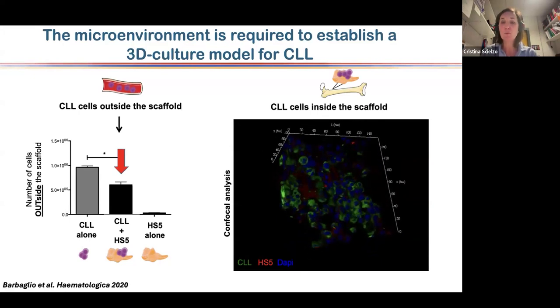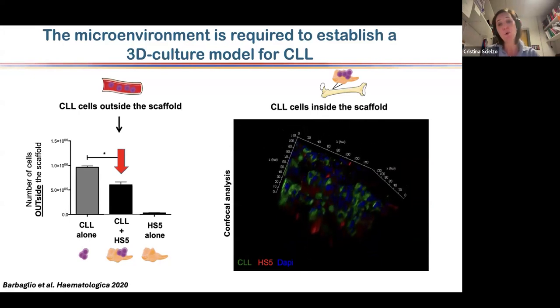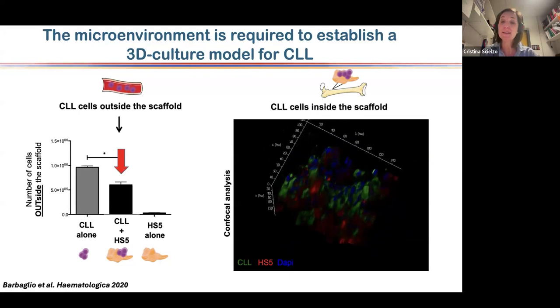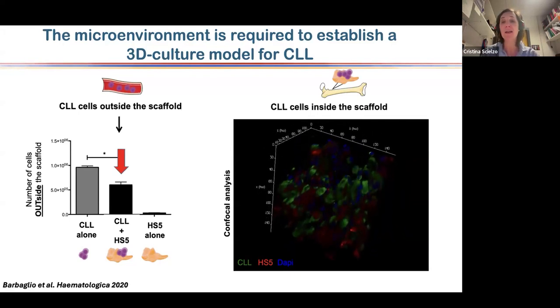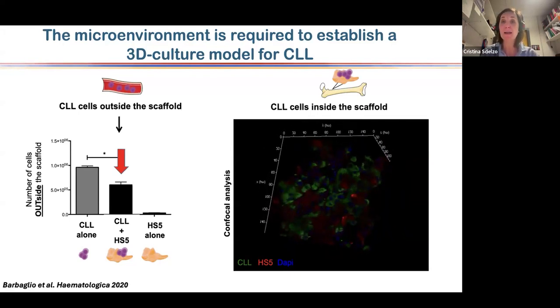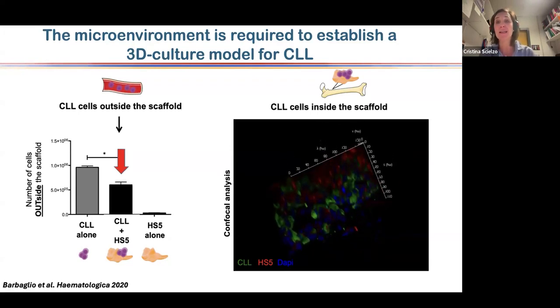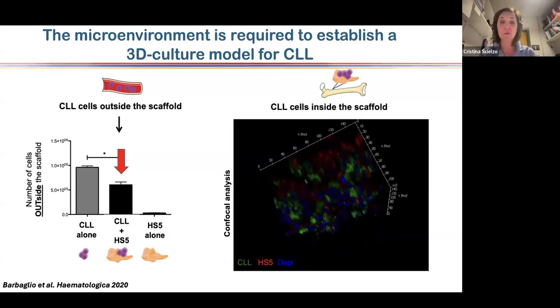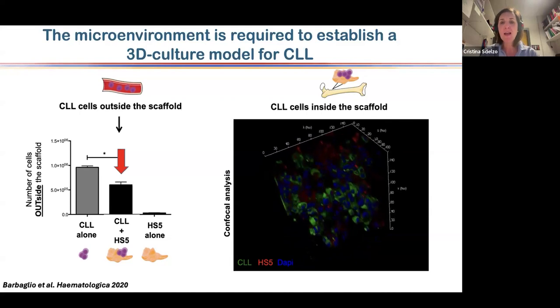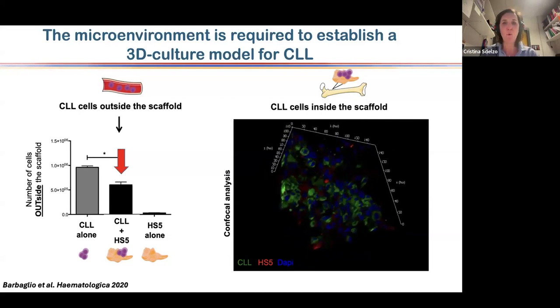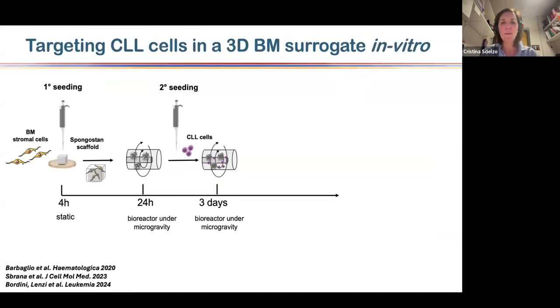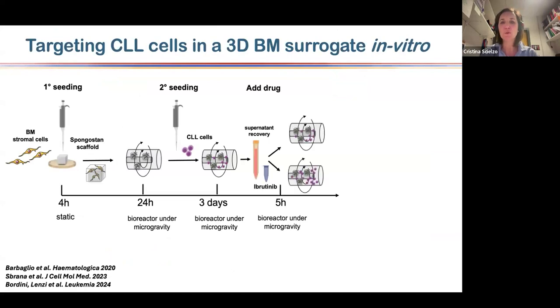I don't have time to show you, but we also demonstrated that the cells inside the scaffold behave like primary leukemia cells that are in the bone marrow, while the cells outside the scaffold behave like leukemia cells in the peripheral blood. So this was our validation. But we took another step forward. We were wondering, can we actually use our model to test targeted therapies?